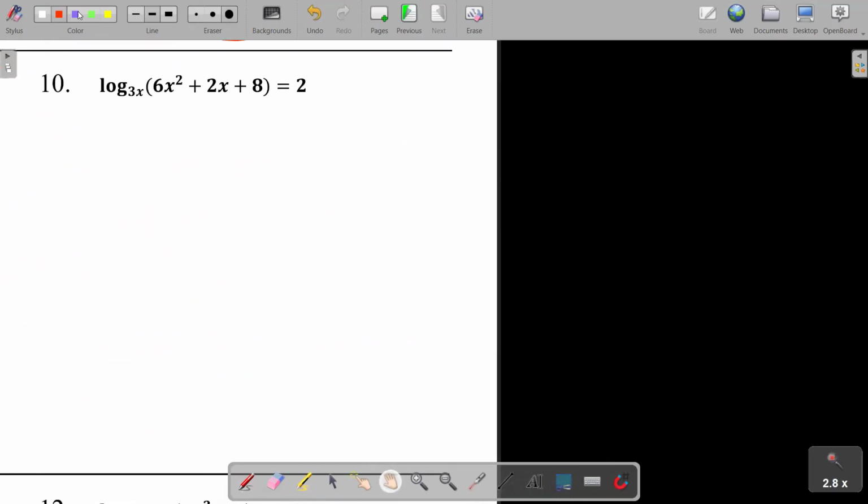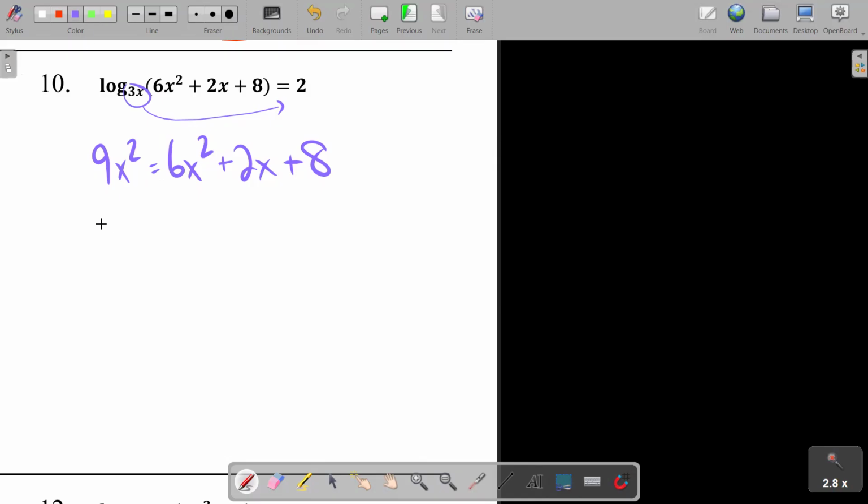Problem 10, again, starts out right away with this to the power of this, and 3x squared is 9x squared. And then we set that equal to the argument of the log. And this time we are going to move everything to the left, just again, because we base everything on where will x squared stay positive.